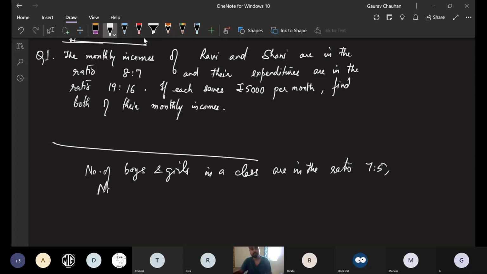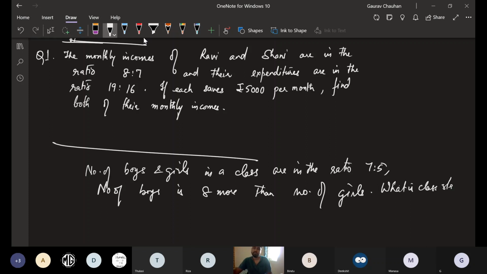Number of boys is 8 more than number of girls. What is the class strength?